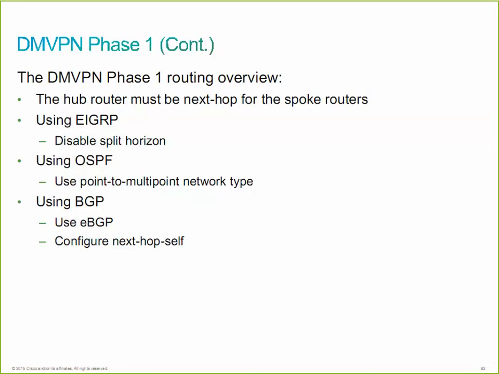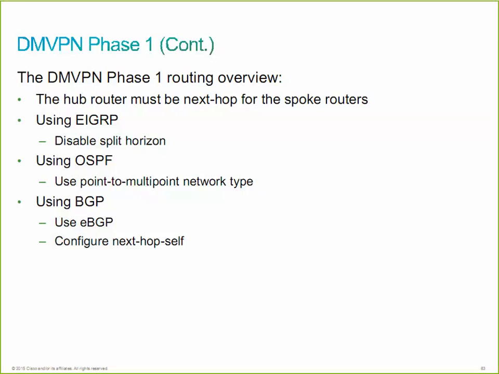I can distribute the default route through a dynamic routing protocol, maybe using default information originate or some other method, or I can simply statically configure the default route on my spoke routers. All right?